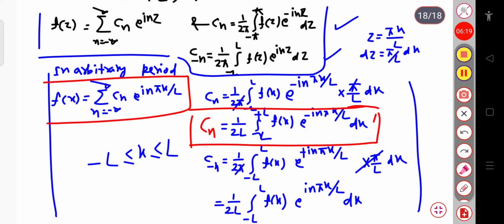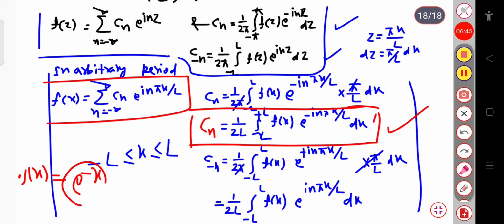By using this expression you can calculate the complex form of the Fourier series, which we will do in the next video. Suppose a function is given, f of x equals exponential minus x. For that we have to calculate the complex Fourier series. First you calculate Cn by putting exponential minus x in place of f of x.